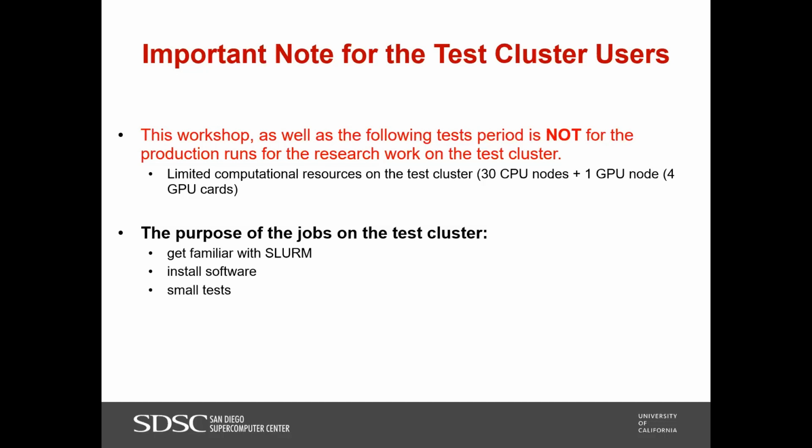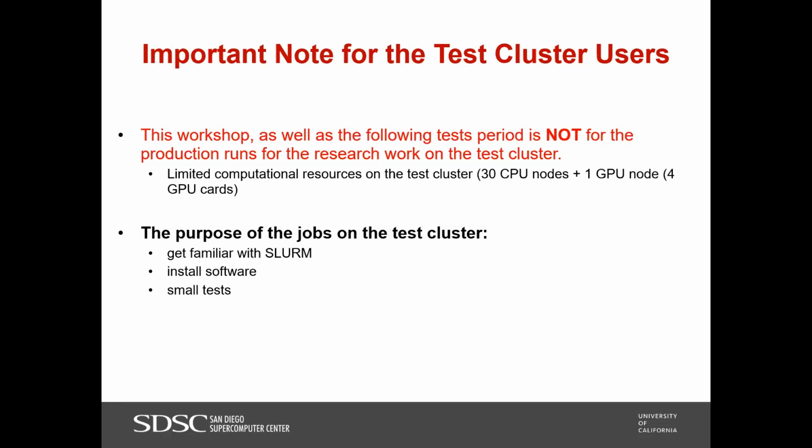On the other hand, as you may have noticed, currently when running jobs on the test clusters, we are not charging you from your allocation, because it's still in the testing period.